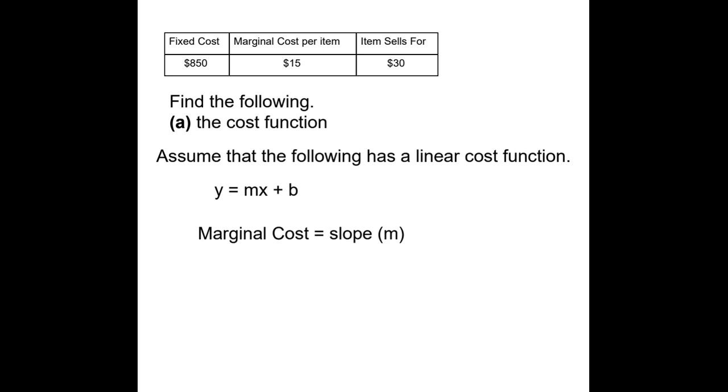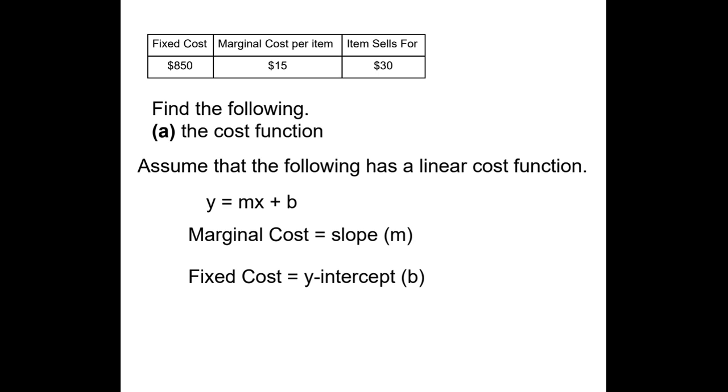Okay, so when we see the word marginal cost, it refers to your slope. In this case, the variable that we use for slope is our m. Now our fixed cost, as it applies to our linear function, refers to our y-intercept, our b value.